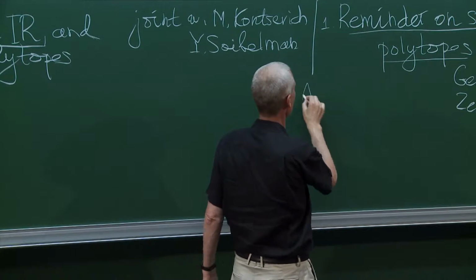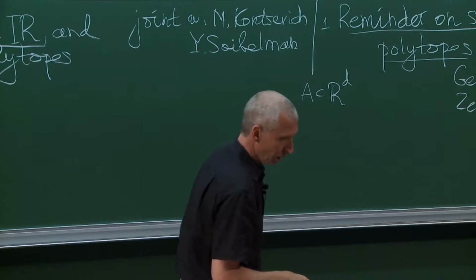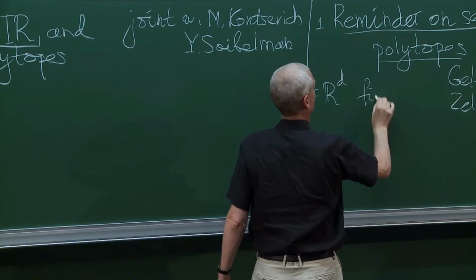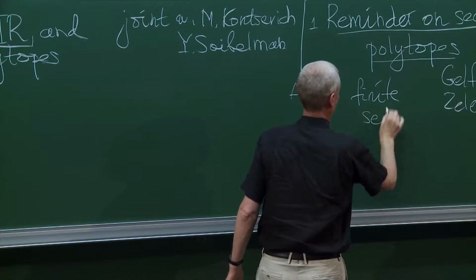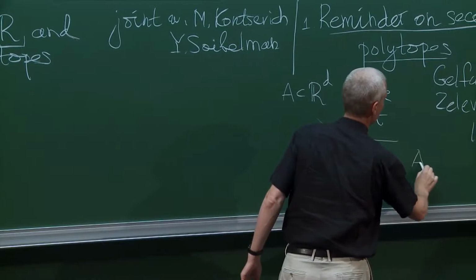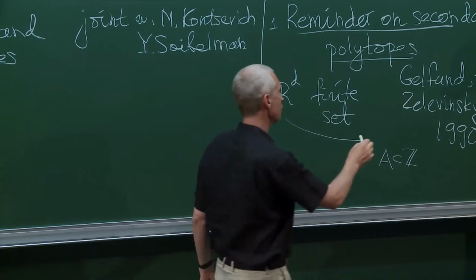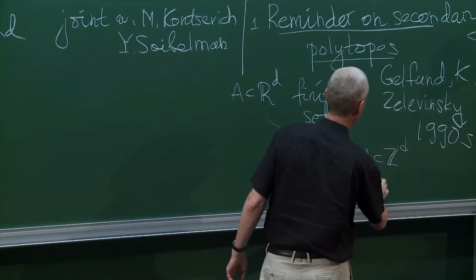So we start with a finite set of points in Euclidean space. In the old setting, the set consisted of points with integer coordinates, the set of monomials.